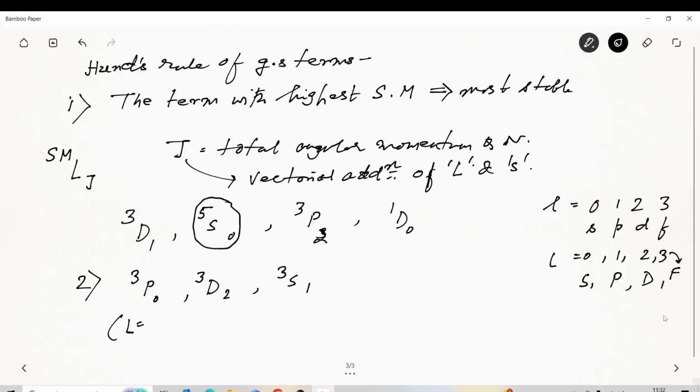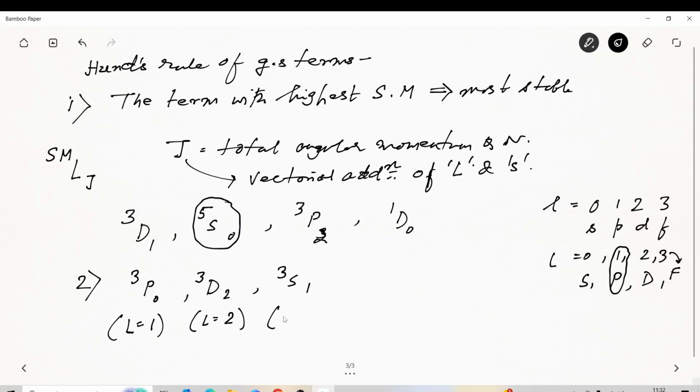তাহলে এখানে P মানে L equals 1. When we are considering D, the value of L equals 2.